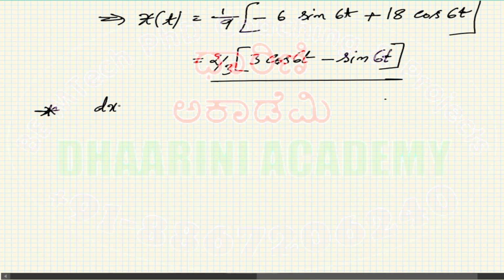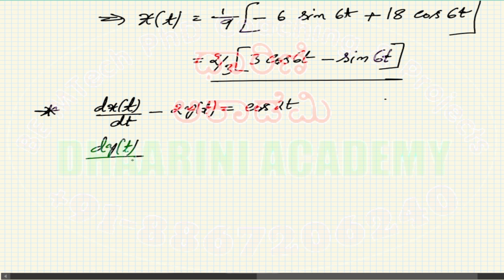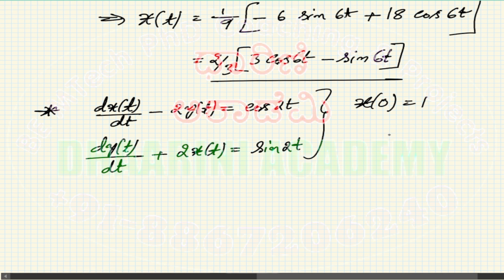This is dx of t by dt minus 2 times y of t is equal to cos 2t, and dy of t by dt plus 2 times x of t is equal to sine 2t, and the initial conditions are x of 0 is 1 and y of 0 is equal to 0.